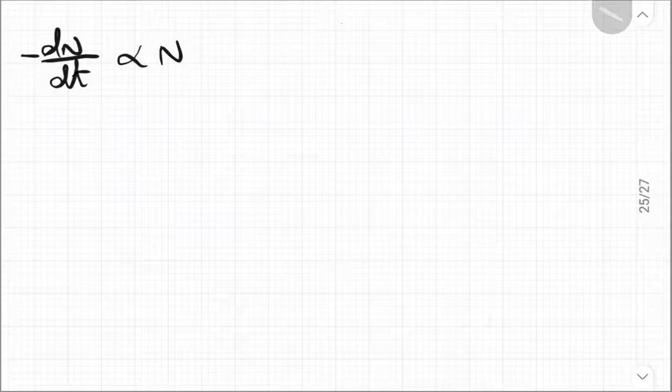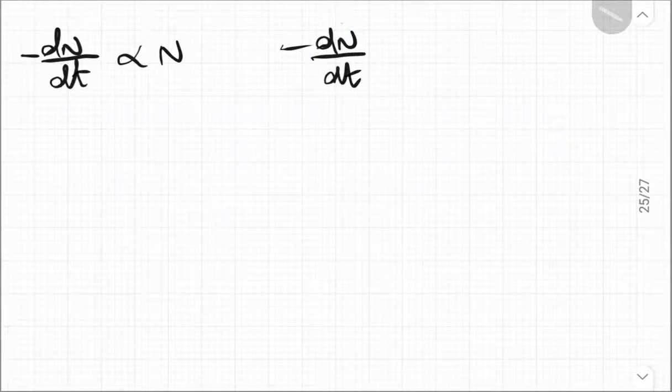Okay, so the negative dN/dt is directly proportional to the amount that we start up with, or the amount that is remaining, right? Of course we know that mathematically we could remove this proportionality sign and put an equal sign. So we have dN/dt equal to, so we put in a constant, then we have N, right? So we put a constant there and we have N.